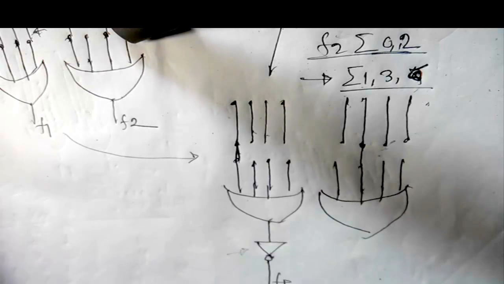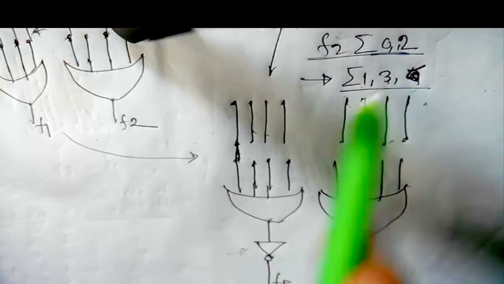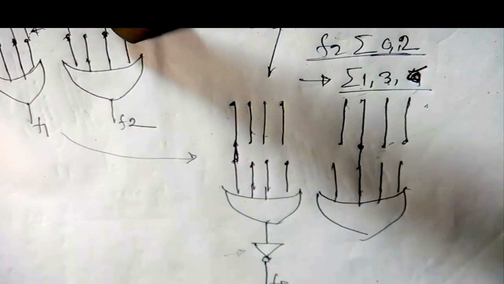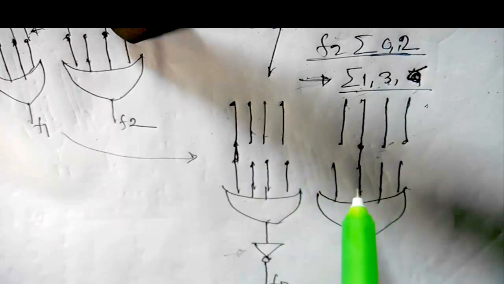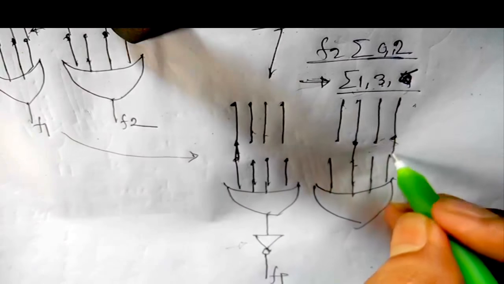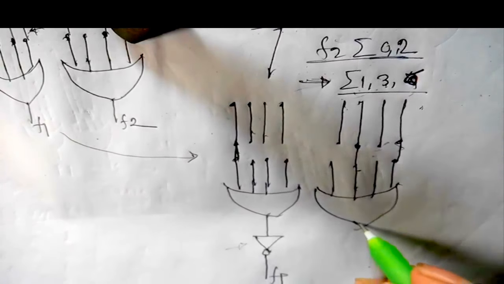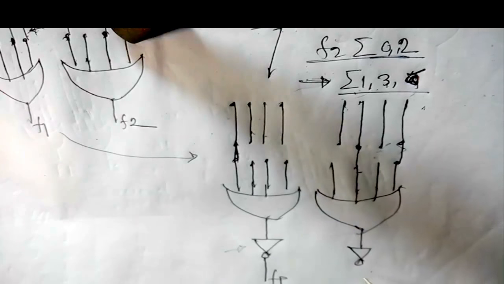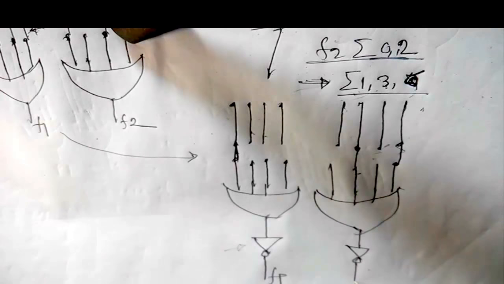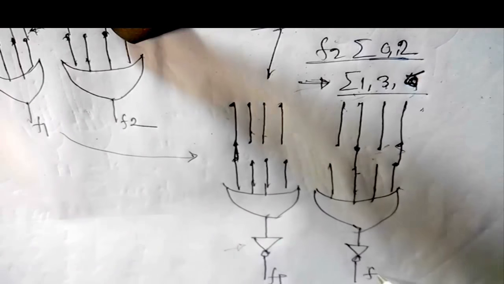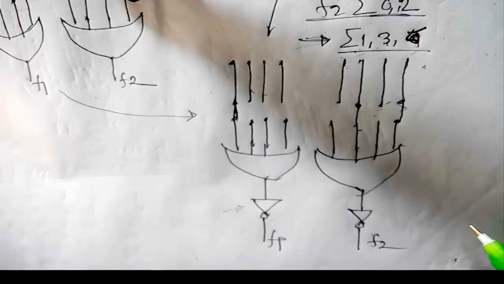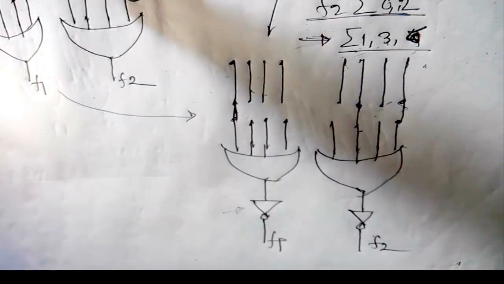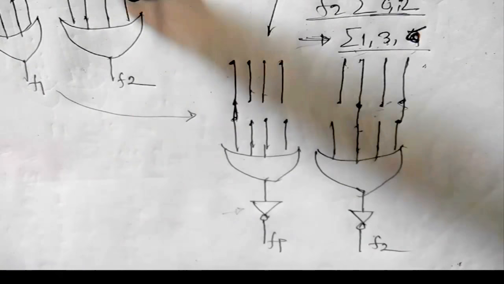The output is 4, so 0, 1, 2, 3, so we need to connect 1 and 3, and we also add a NOT gate to get the ultimate result of F2. So this is a tricky question to answer for invert implementation of ROM.